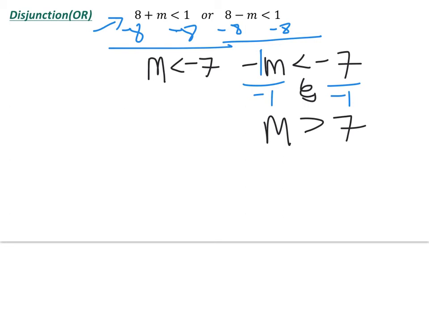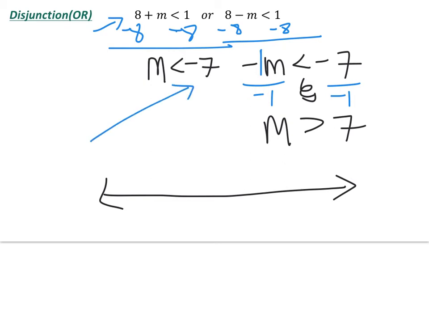So let's graph what it says. One of my inequalities said that m was -7. The other inequality said that m was +7. Neither of the m's can equal those 7's, so I'm going to leave open circles at both -7 and +7.